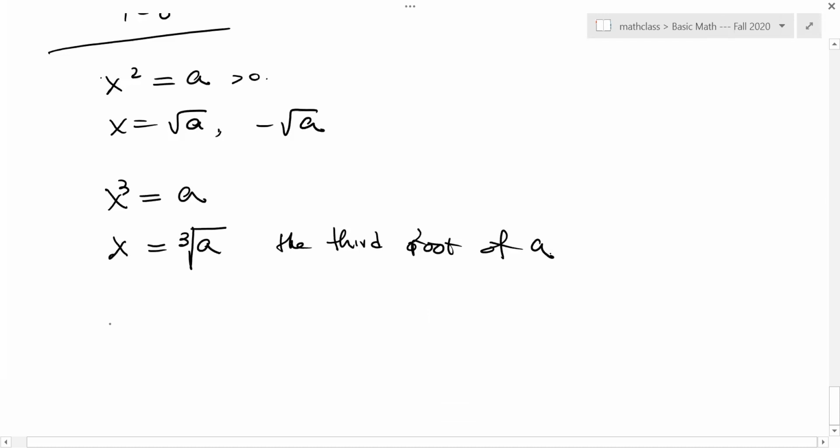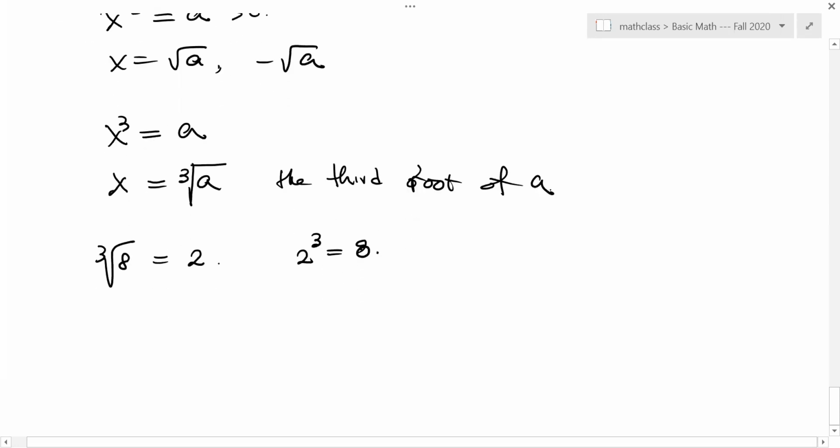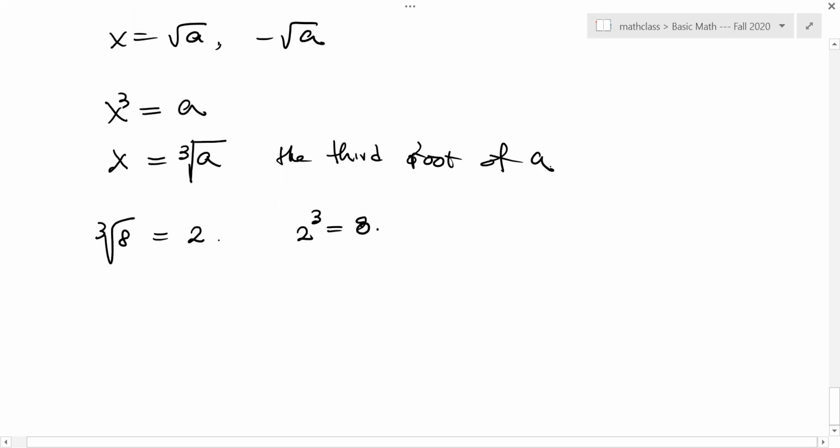So what is the third root of 8? The third root of 8 is 2 because 2 cubed is going to be 8. We have to put a 3 there. Sometimes we have to denote the solution by the third root of some numbers.